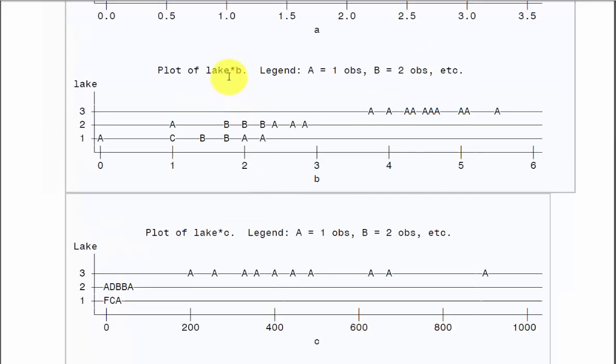In lake by B, here at the top, we see kind of similar ranges of values from high to low for each of our lakes, and so taking a square root transformation, which is what B is, may be one possible alternative. Lake by C, C took and squared the oxygen content, and so when you look at this, we made the problem worse by squaring that.